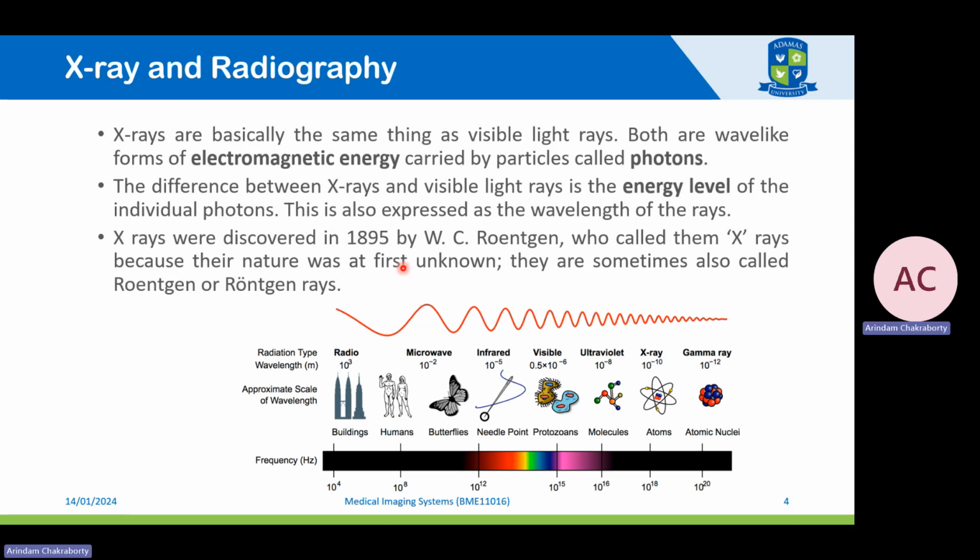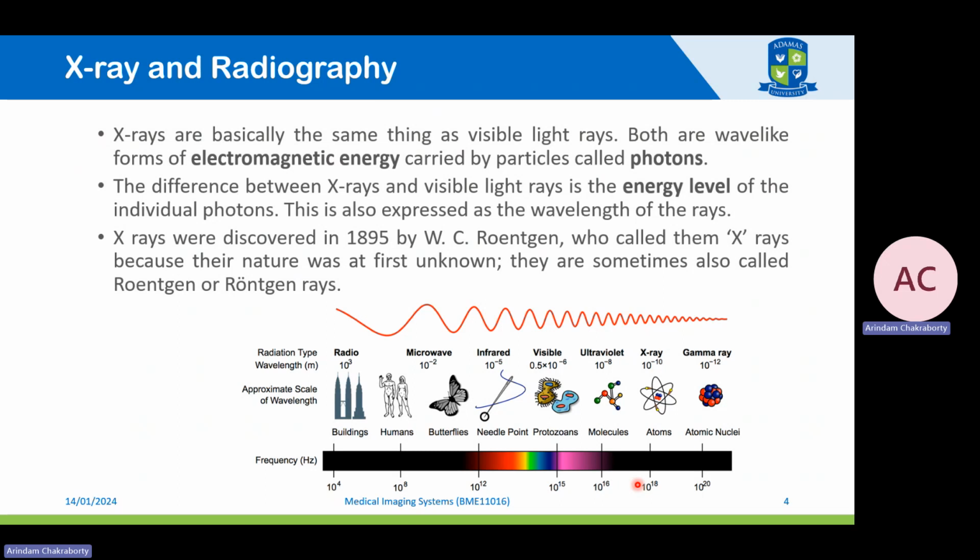How are X-rays different from visible light, since visible light is also electromagnetic energy carried by photons? Visible light has comparatively lower energy, whereas X-rays have higher energy as well as higher frequencies. Because of this higher energy, X-rays have better penetrating power.